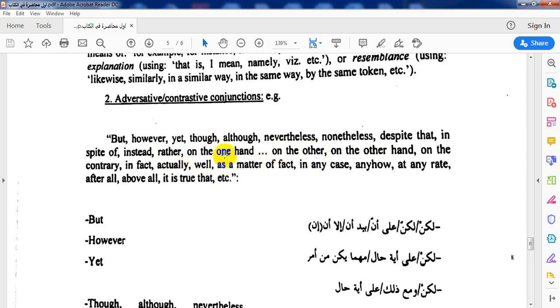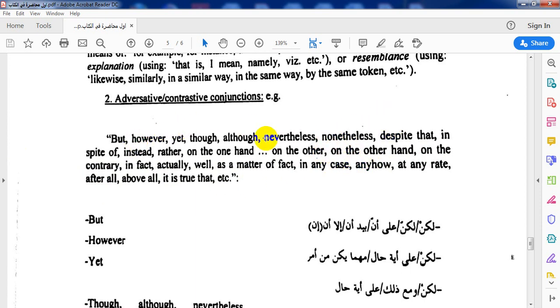So we can see here in one sentence, on the one hand, on the other hand, this is another. On the contrary, in fact, actually, well, as a matter of fact, in any case, anyway.